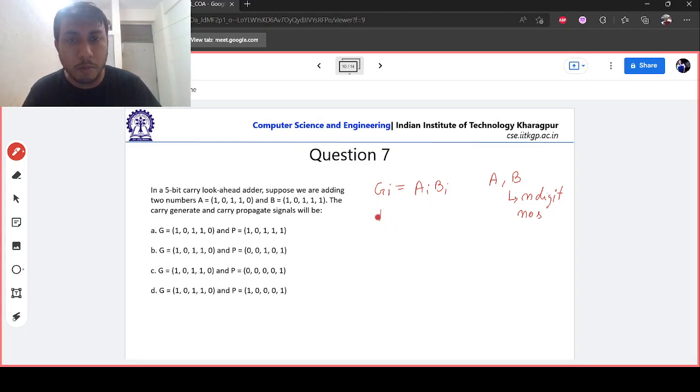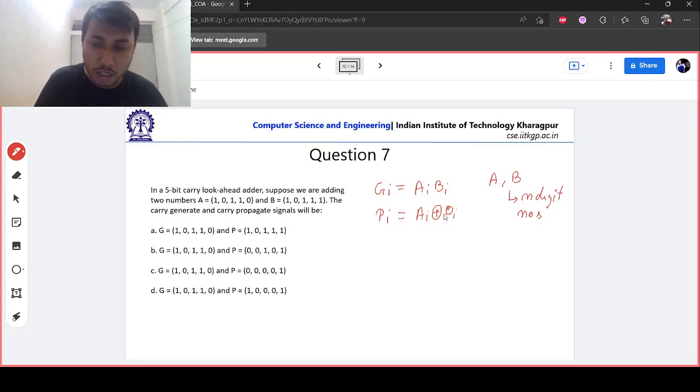And what is carry propagate? Pi is equal to Ai XOR Bi.